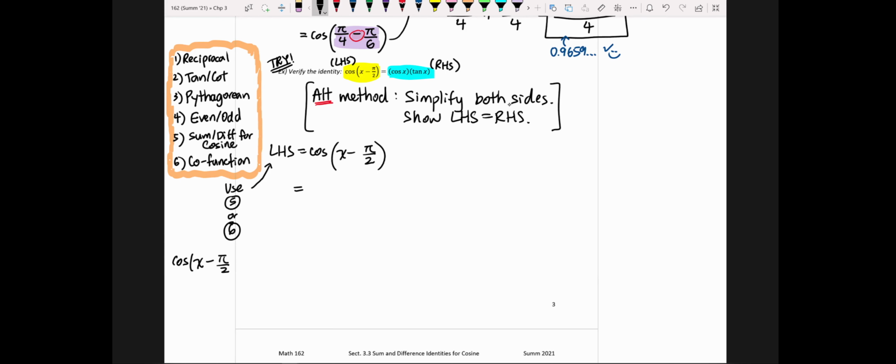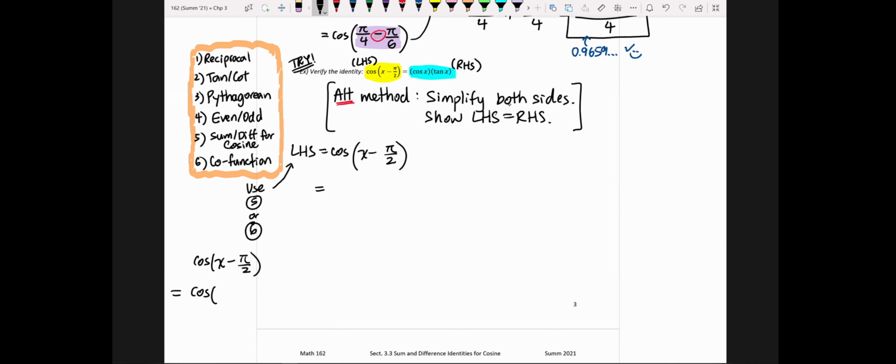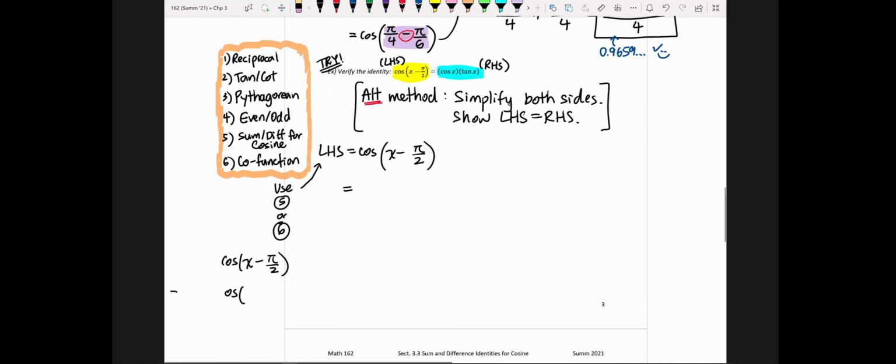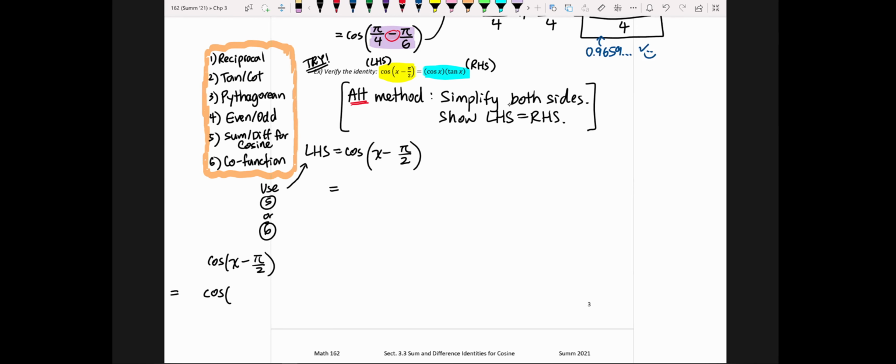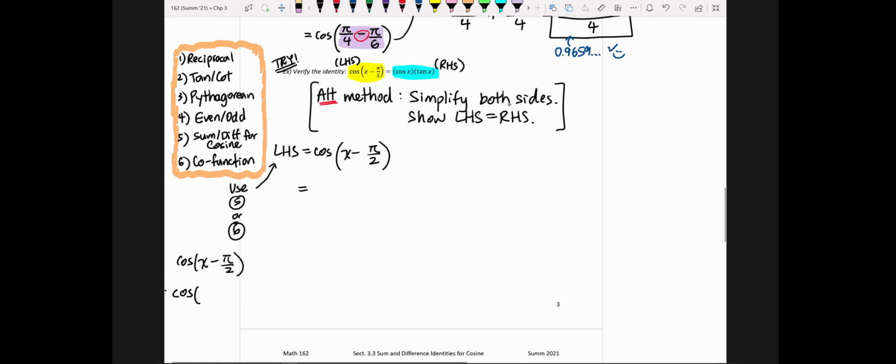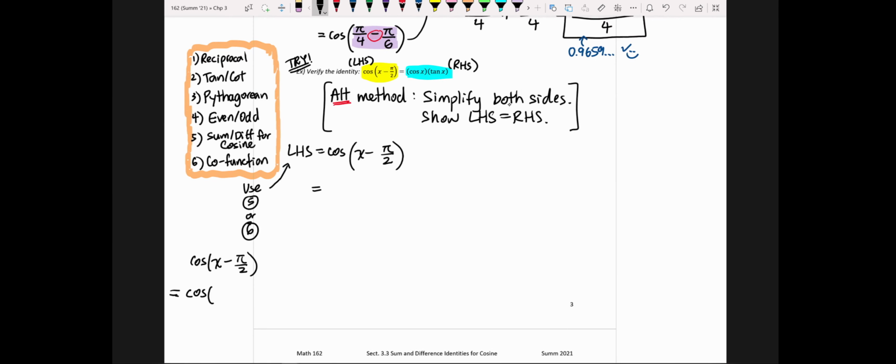Remember, as an algebra student, we learned that A minus B is equivalent to the opposite of B minus A. So if we switch the order, we have to factor out a negative 1.